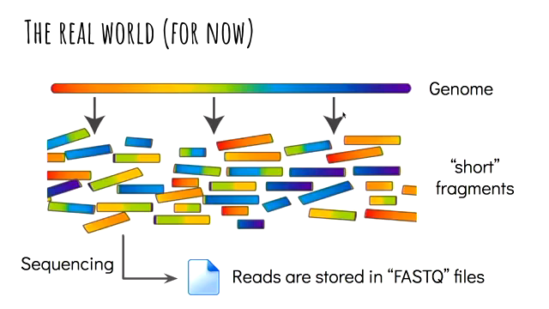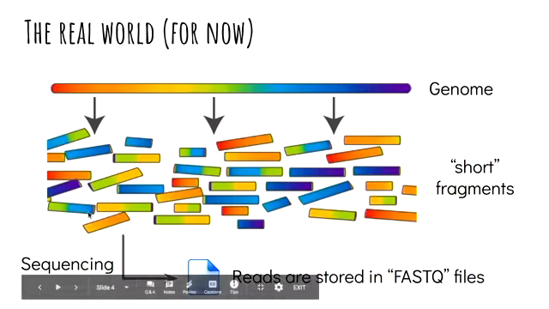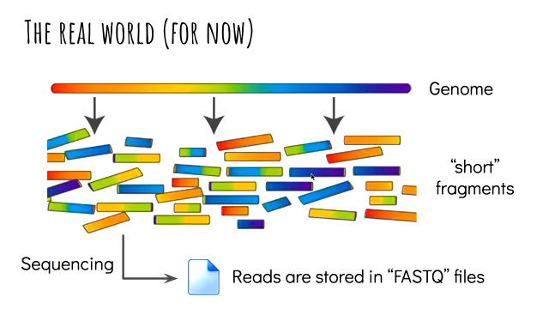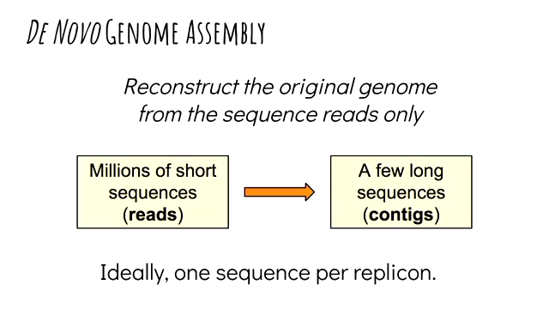We know what the letters are in each position along this nice coloured thing, because we know the sequences of these, and we've hopefully jigsawed it all back together beautifully, and we now know the sequence of the top. All right, ideally we get one sequence per replicon after we've done our assembly.